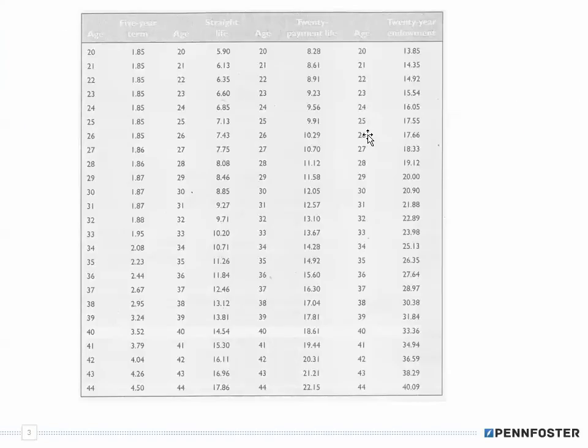When I look at the table, I see that he is 44 years old, and it's stating that it's a term policy. So he's 44 years old, and here's the term policy.